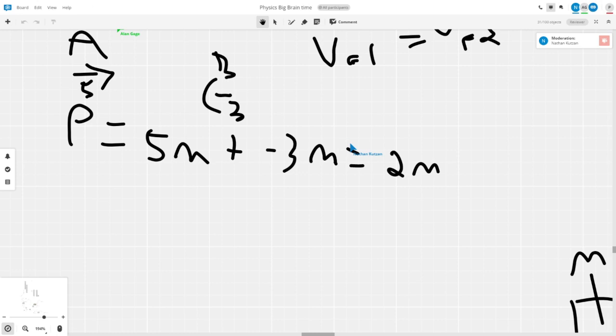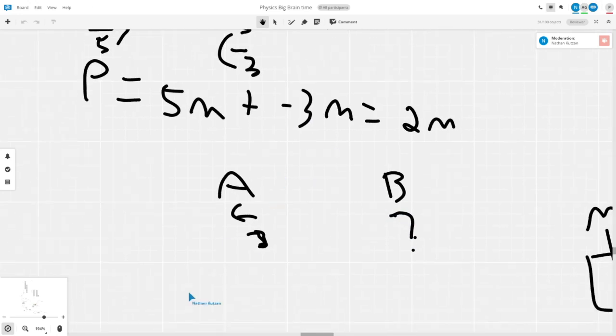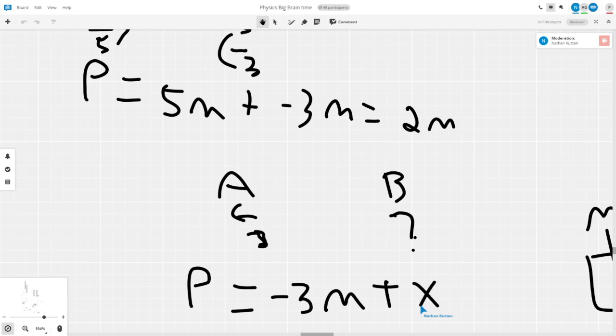Anyway, after the collision, it says that mass A is moving in the negative x direction with a velocity of 3, and then mass B is moving some way. It doesn't really say. And so the final momentum is going to be negative 3 m plus whatever velocity it is times the mass, right?